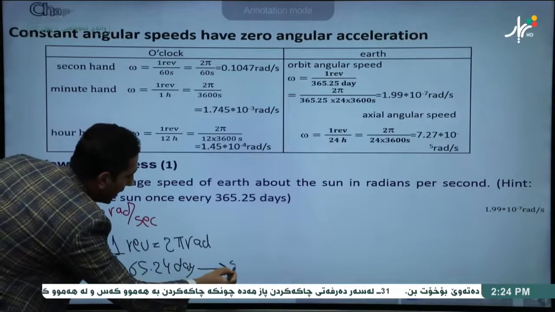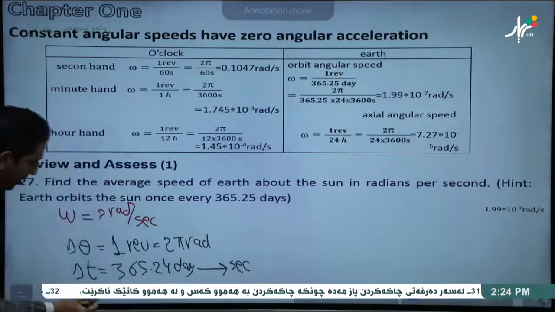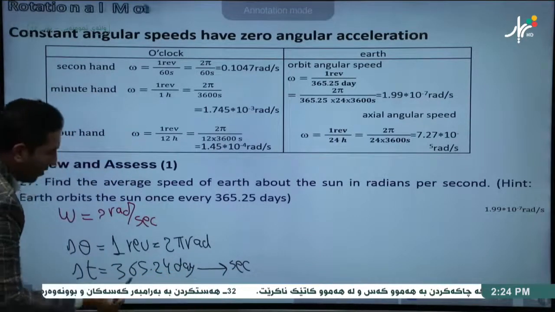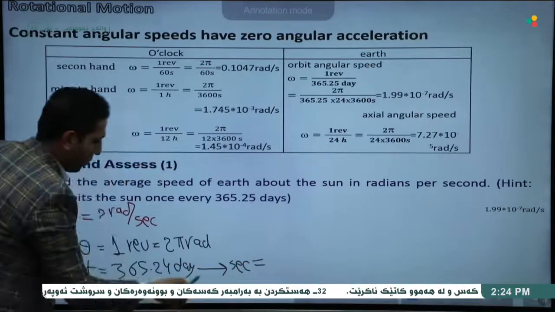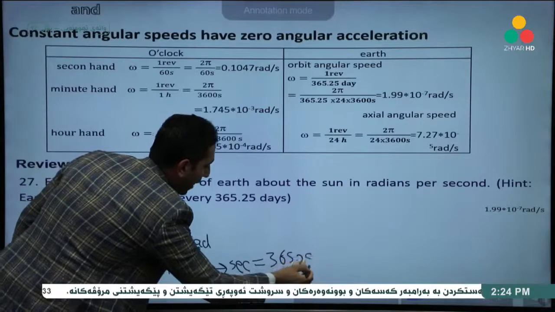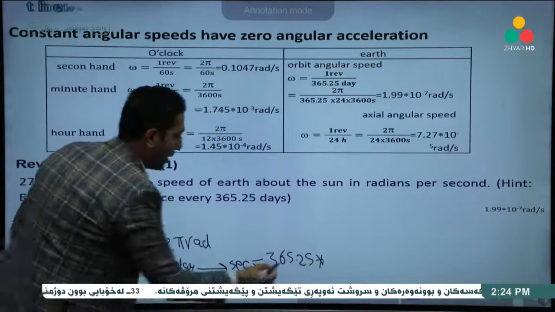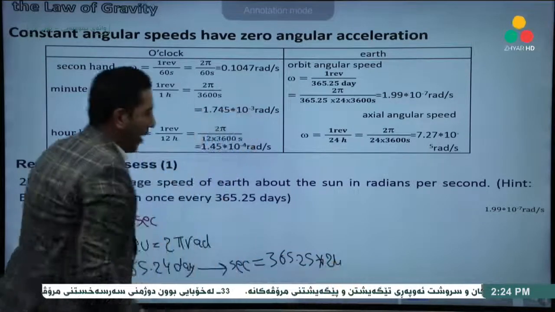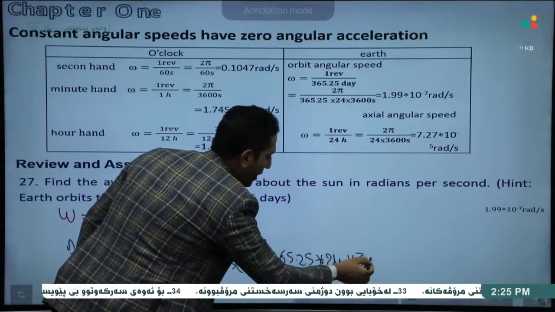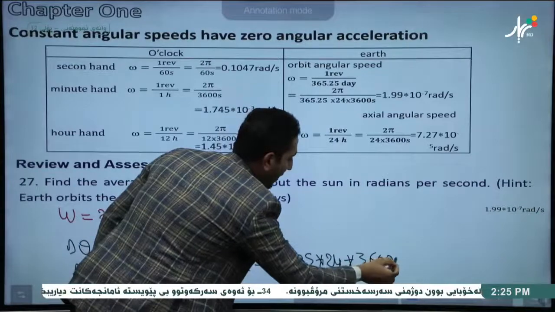Convert to seconds: it is equal to 365.25 times what? Times 24 hours times 3,600 seconds.